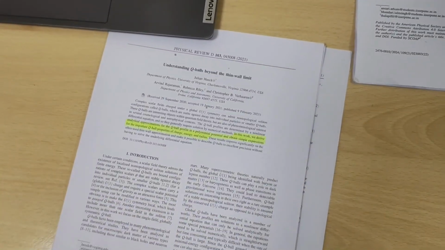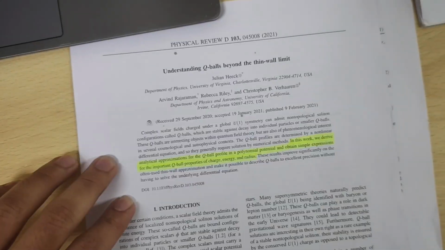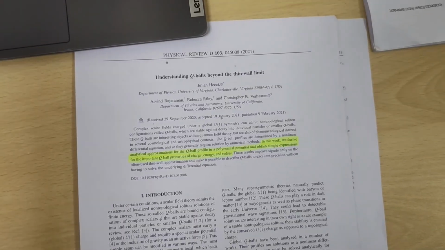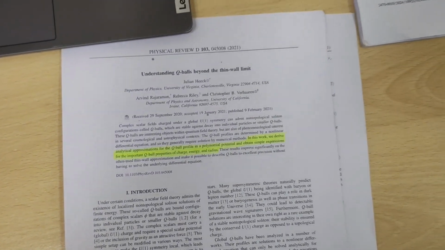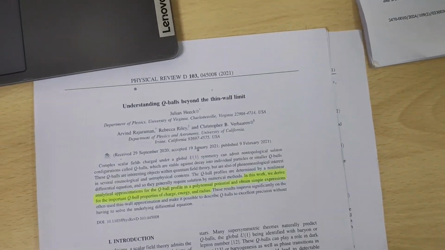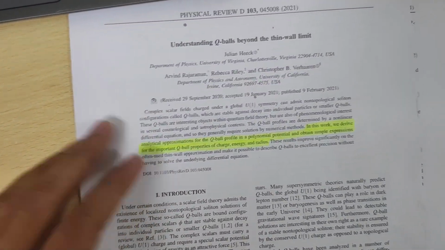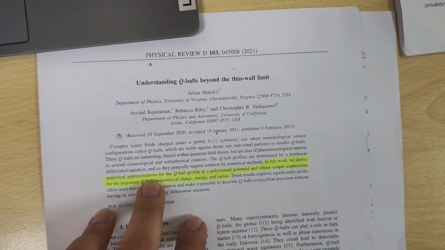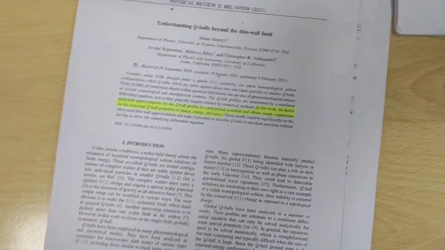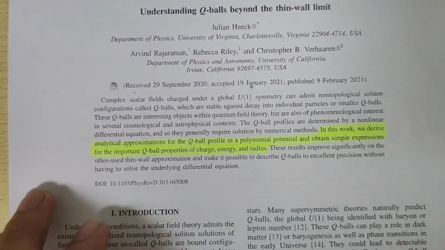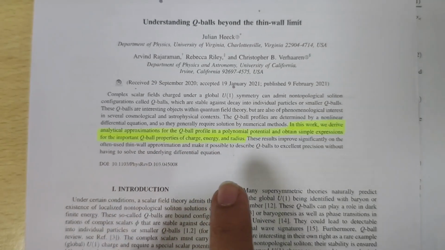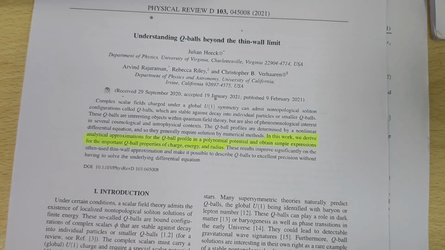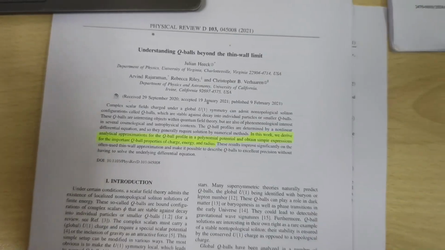Then you just have to read the abstract first. It genuinely has the content of what the paper is about. For example, I have marked one important line which exactly tells you what the paper is about: in this work we derive analytical approximations for Q-balls in polynomial potential and obtain simple expressions for the important Q-ball properties of charge, energy and radius.